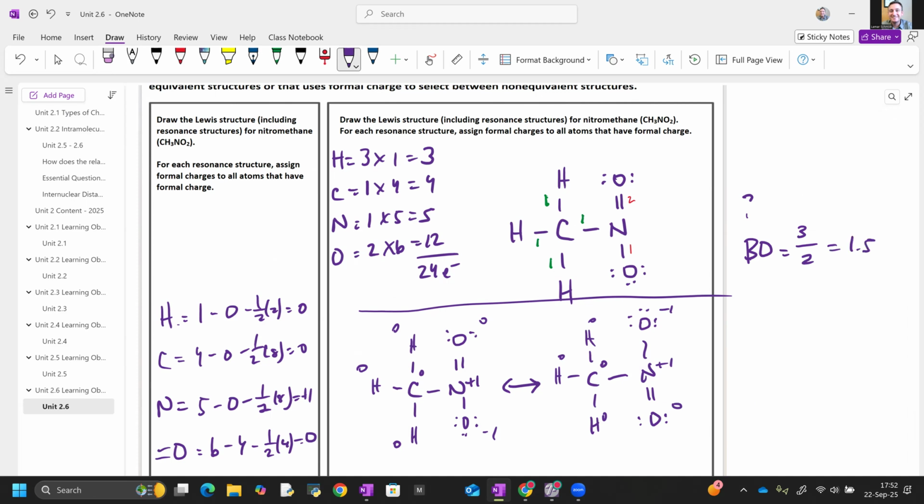So these don't actually exist. What actually exists is something like this. So we show that we have a single bond, and that dash is showing some type of hybridization of a double bond. And so both of them have a bond order of 1.5. In both regions right here, the bond length and strength is an average of what we would have had.